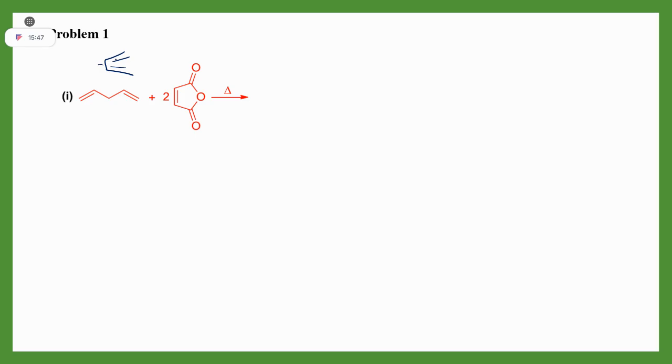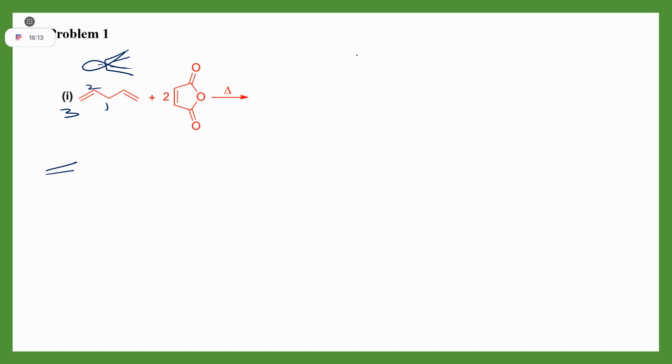Exactly. But in the present case, these alkenes are not conjugated, right? So one more possibility is that we can see the possibility of a 3,3 sigmatropic shift, but that also cannot be done. Why? 1, 2, 3, but 1, 2, 3, no, right? No sp3 carbon is there adjacent to 1.